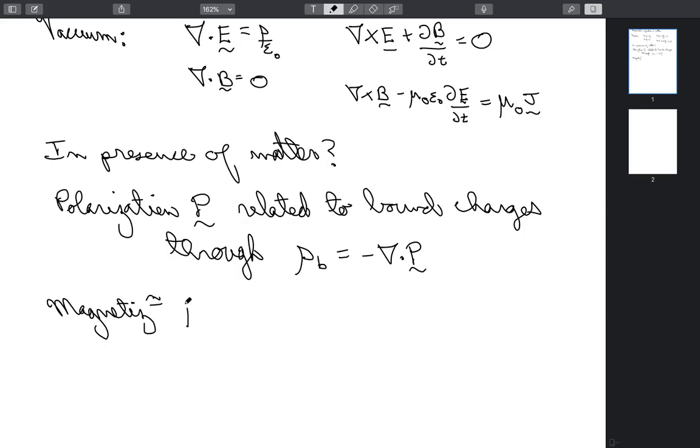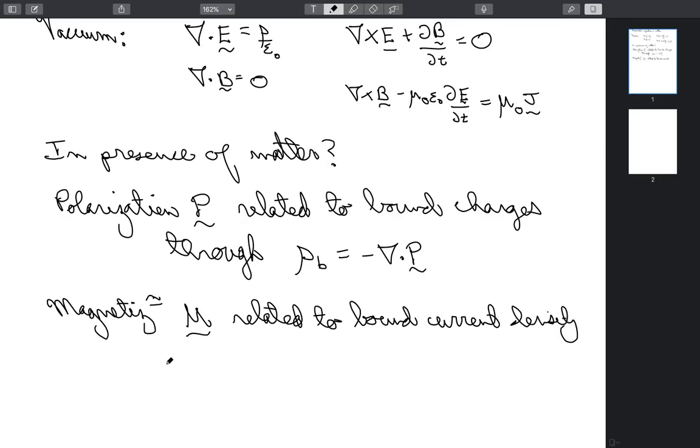So magnetization is also a vector M, and this was related to the bound current density through the relation that the bound current density JB was the curl of M. Okay.